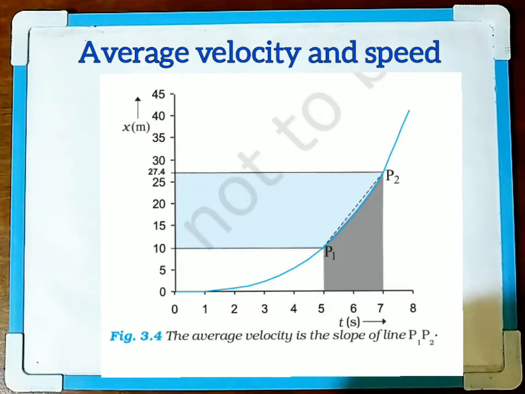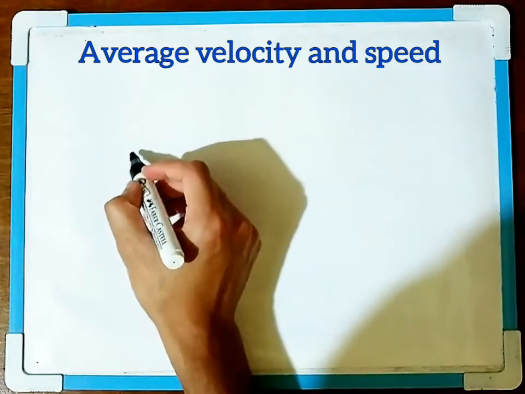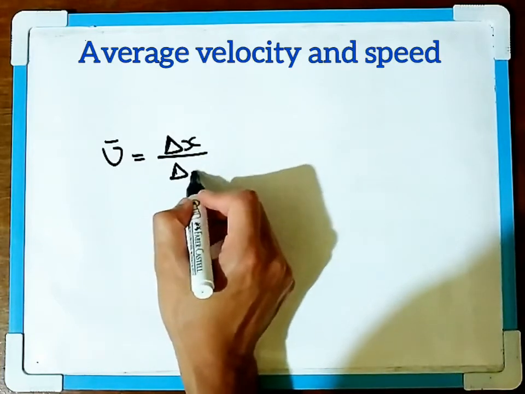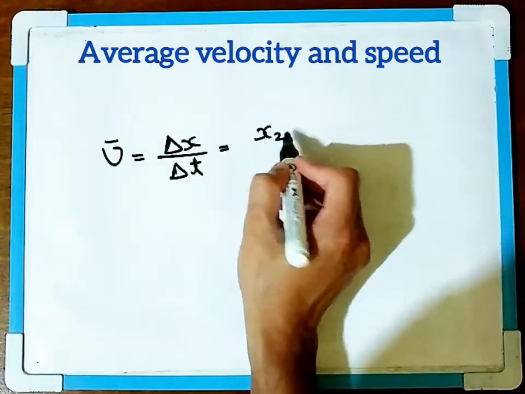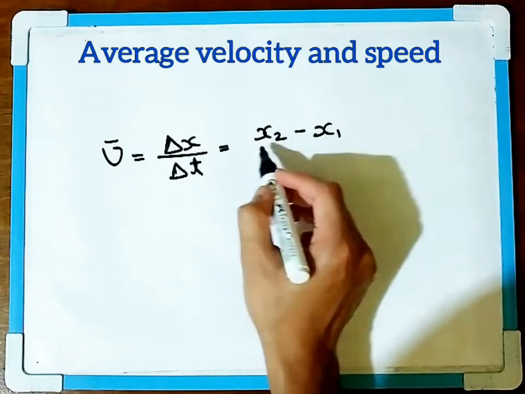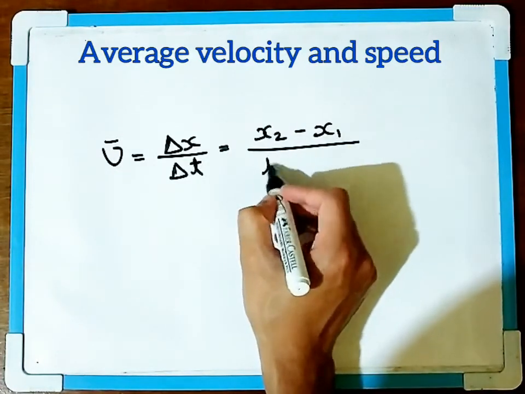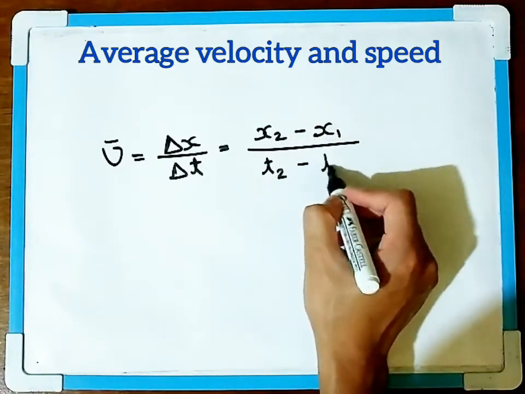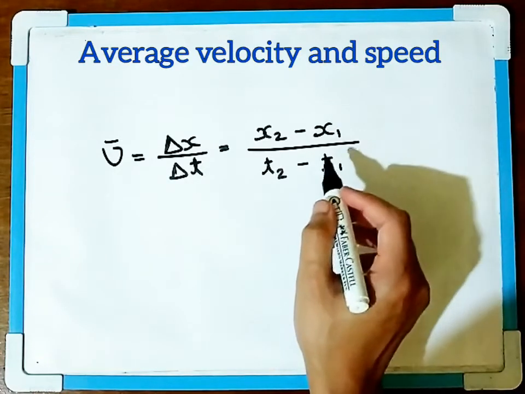So this is the position time graph of the car moving in a straight line. Now if you're asked to calculate the average velocity between these two time intervals, 5 second and 7 second, then we'll have to use the formula given earlier. That is V equal to delta x by delta t, and delta x is x2, which is the final position, minus x1, which is the initial position, and t2 is the time when the object is at position x2, and t1 is the time when the object is at position x1.